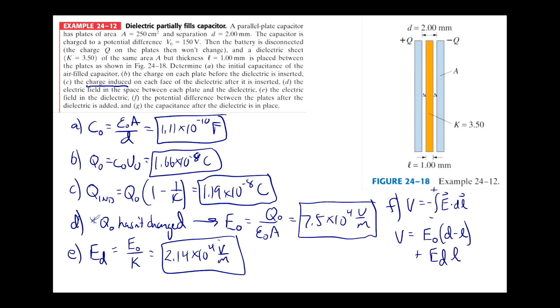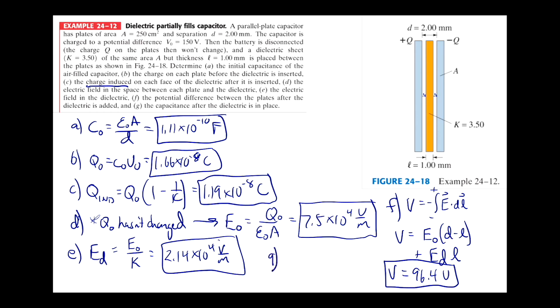L, again, is the width of the dielectric. If you put all of that together with the numbers we have, you should get 96.4 volts between the two plates. So you can still use the same relationship we had before with electric field and potential difference. Just be careful that you're using the right electric field for the spaces that you're considering. And here we have two different electric fields that we have to worry about.